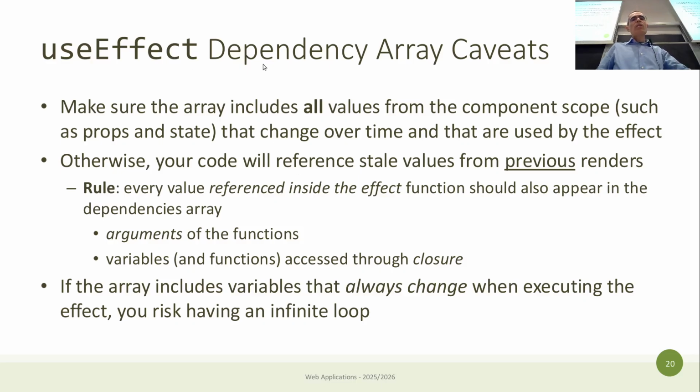So make sure that you use the correct dependencies in the array of dependencies for the useEffect. In general, make sure that the array includes all the values from the component scope that change over time and that are used by the effect.